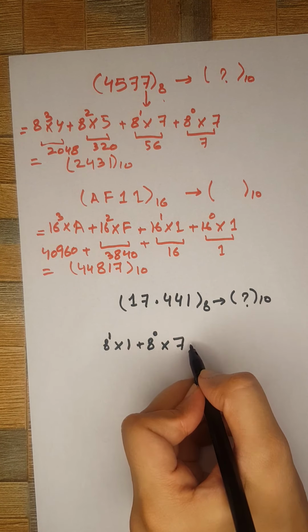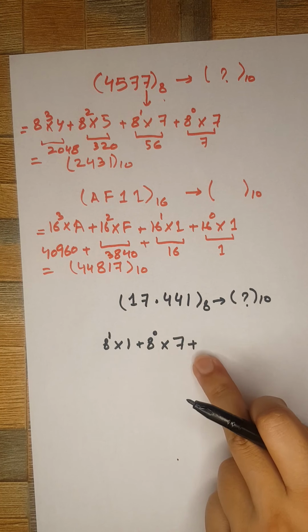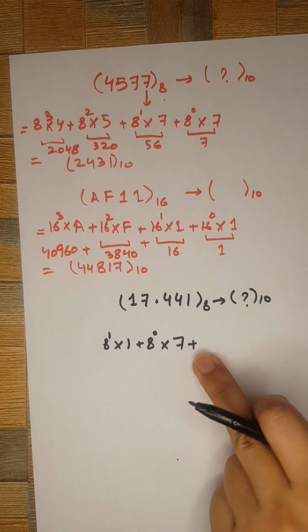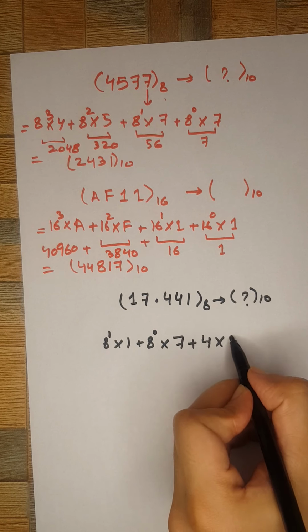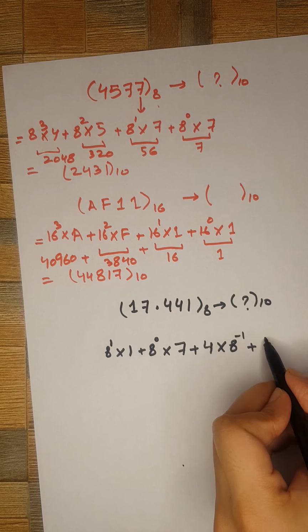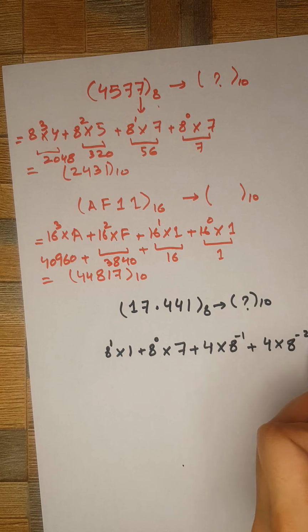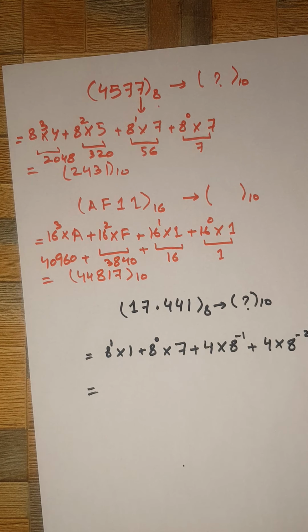Now for the fractional part, we will again introduce the plus sign, and then we will start multiplying with the negative powers of 8. So 4 multiplied by 8 raised to power minus 1, plus 4 multiplied by 8 raised to power minus 2, plus 1 multiplied by 8 raised to power minus 3.